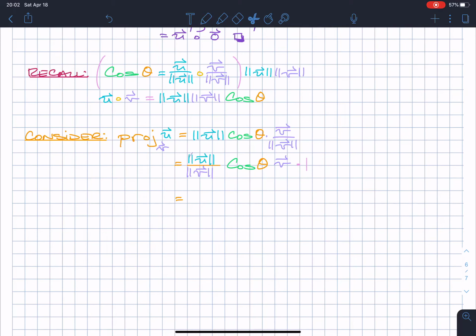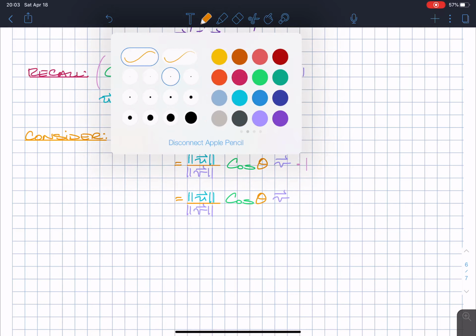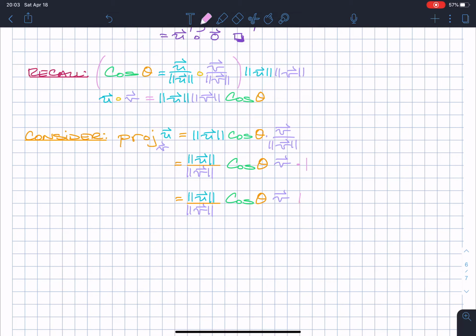So let me just copy and paste all of this. But what I'm going to do now is multiply. The 1 I'm going to choose is going to be the magnitude of vector v divided by the magnitude of vector v. I can do that. It's just a number.